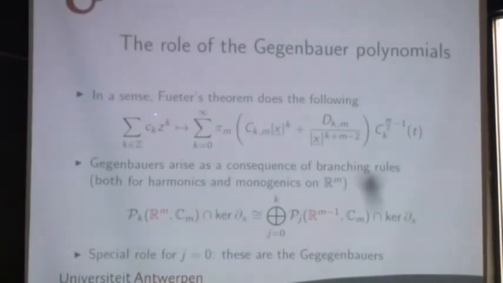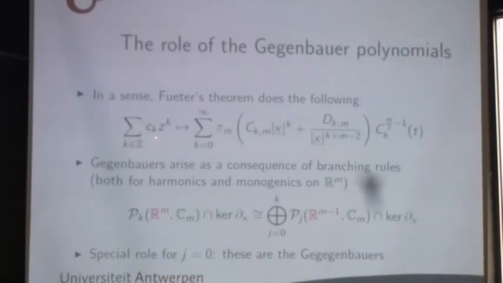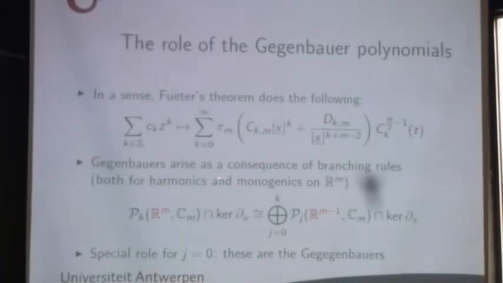In a sense, what Fueter's theorem does, this is a holomorphic function. So it is powers of z, a certain combination, like a Taylor series. It maps it to combinations involving Gegenbauer polynomials. So the special solutions which arise in Clifford analysis because of Fueter's theorem are special solutions which can be expressed in Gegenbauer polynomials.